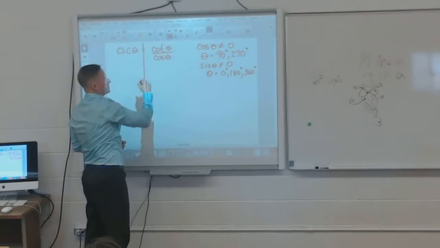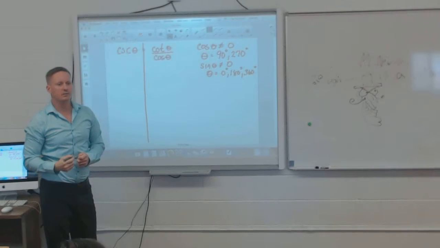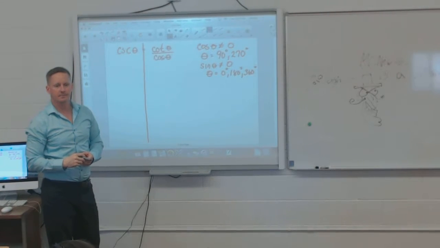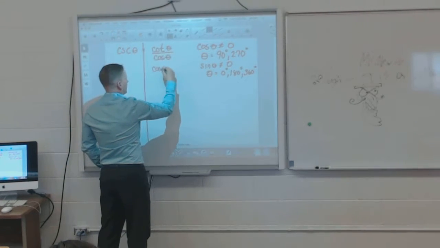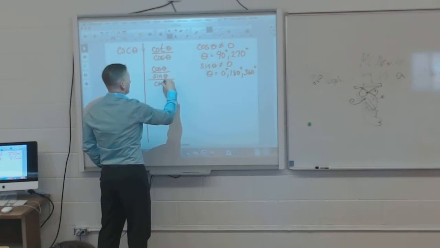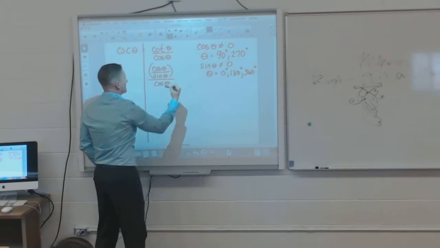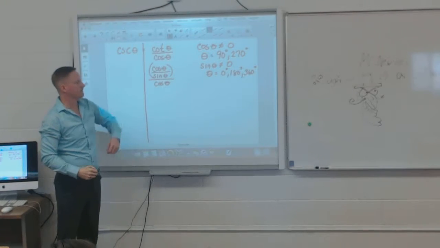First thing I'm going to do is change cotan theta. What is cotan theta according to my identities? So I have cos theta over sine theta, all over cos theta. I'm going to put this in brackets because I substituted in for cotan.